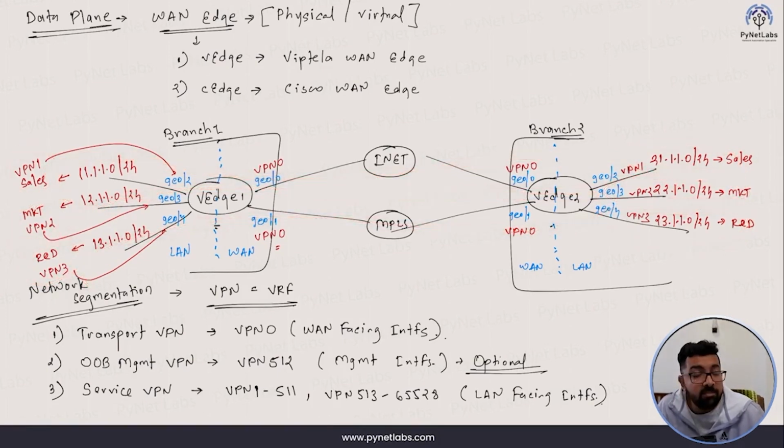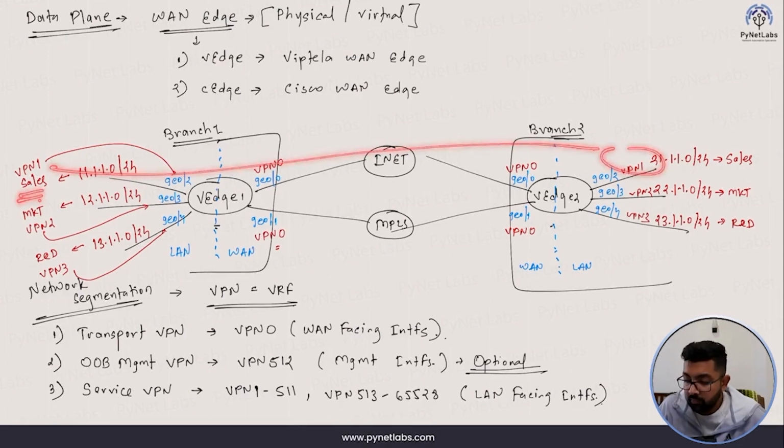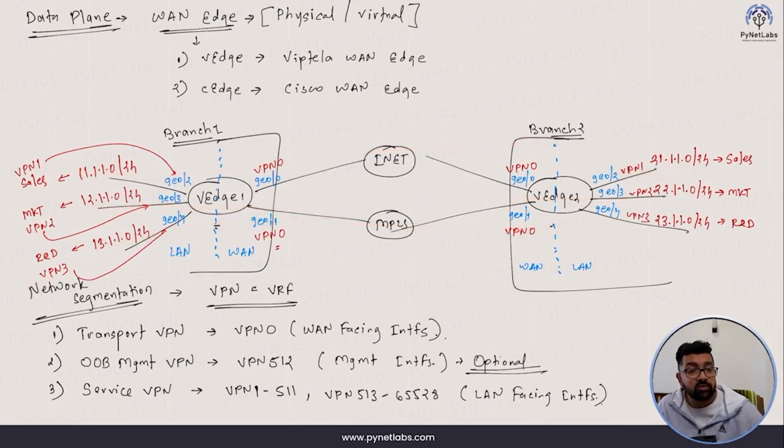We will put these VPN configurations in a way that only whitelisted communications are allowed. With that being implemented, your VPN 1 will speak to VPN 1, VPN 2 will speak to VPN 2, and VPN 3 will speak to VPN 3. This provides you network segmentation, where by default no inter-VPN communication is allowed.